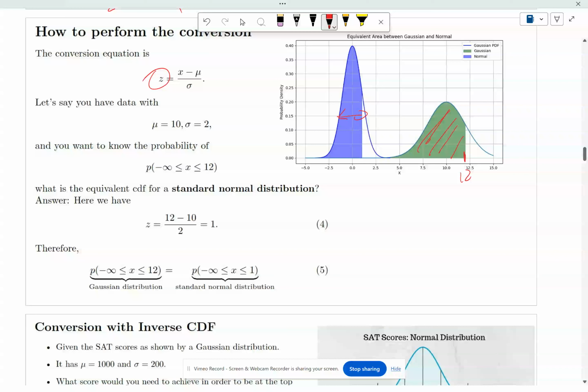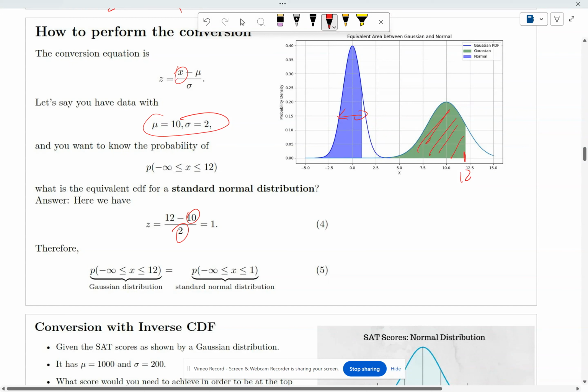So to convert this, we know the mean and the standard deviation, 10 and 2. And we know that we want to convert 12. We want the area to be below 12. So x is equal to 12, so 12 here. Then the equivalent z will equal 1.